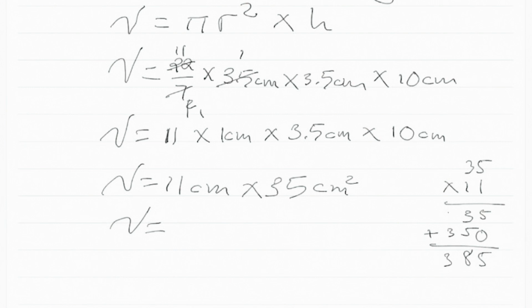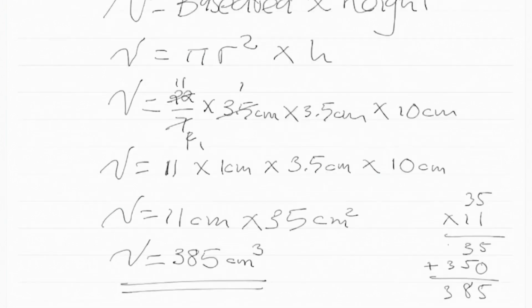It gives you 385. Now you have centimeter times centimeter. This gives you cubic centimeters. So that is our volume. The volume of that particular cylinder is 385 cubic centimeters.